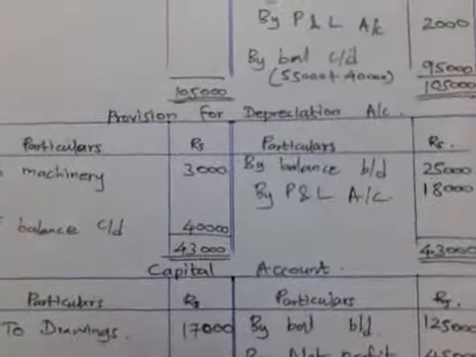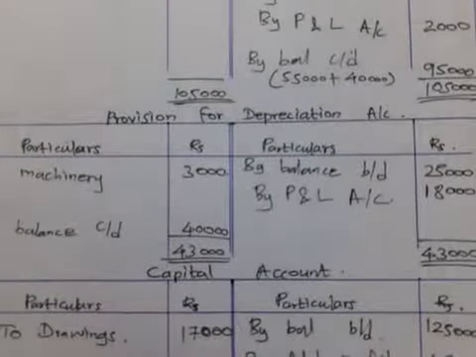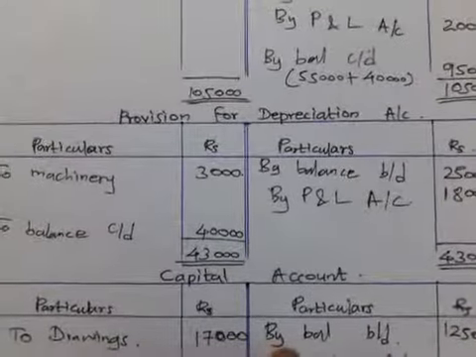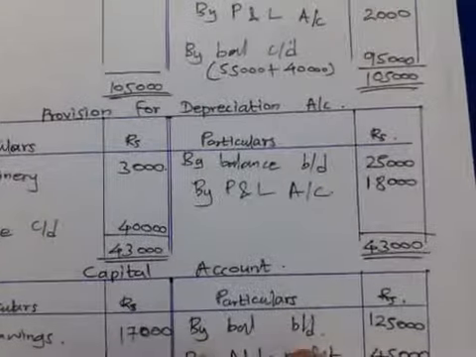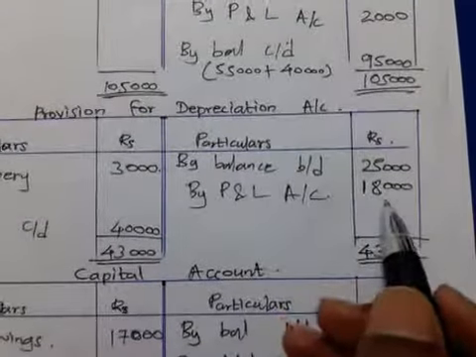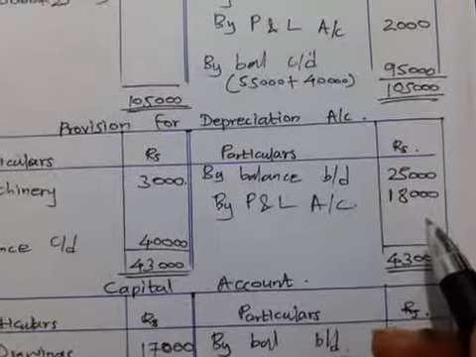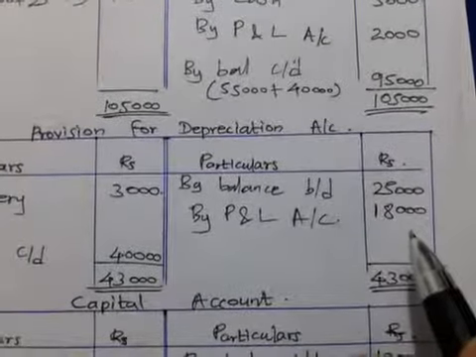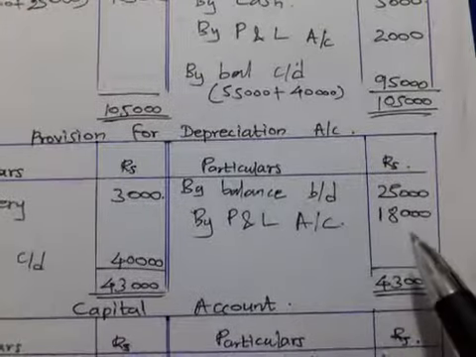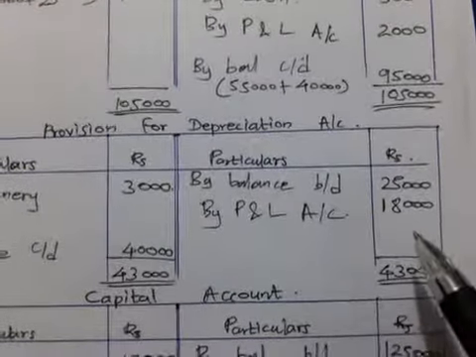So in provision for depreciation account, we can see here there is an 18,000 of depreciation for the particular year. Depreciation amount is usually deducted from the profit in the profit and loss account. So it's already deducted.